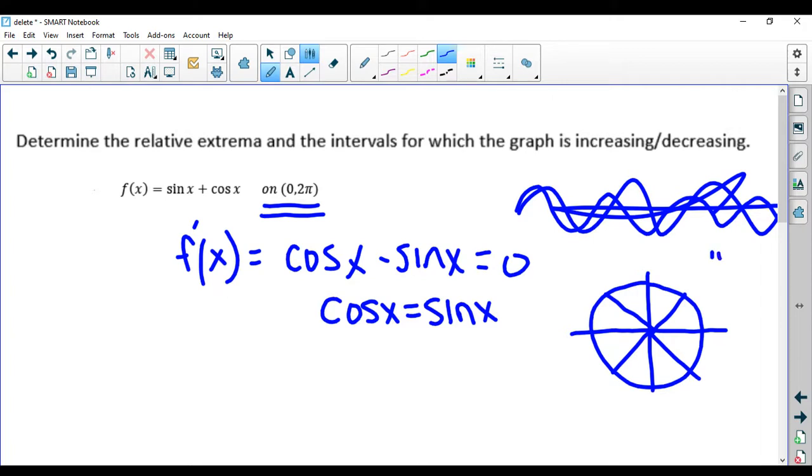So pi over 4, 3 pi over 4, etc. But they're only the same when they have the same sign. So if you think about which angles that has to happen at, it has to be this one where they're both root 2 over 2, and this one where they're both negative root 2 over 2.